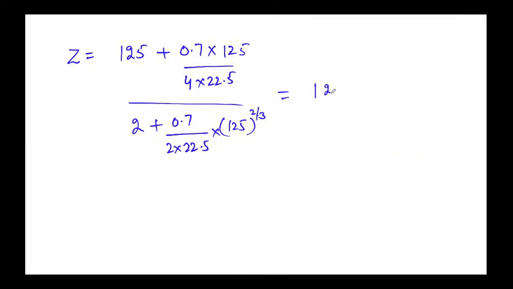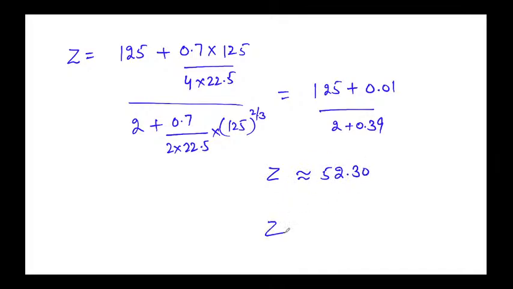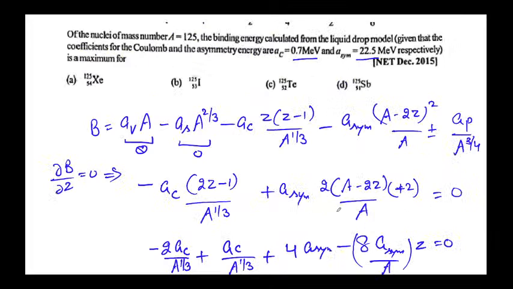When we solve this, it comes out to be 125 plus 0.01 over 2 plus 0.39. So Z comes out to be 52.30, and from there we get the atomic number 52. From the given answers, 52 is tellurium 125, so option C is the correct option for this.